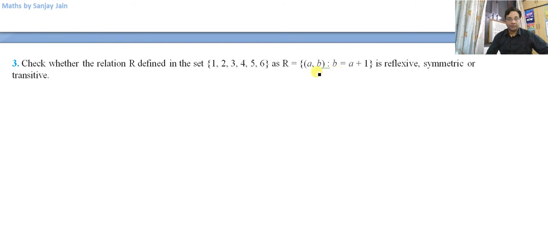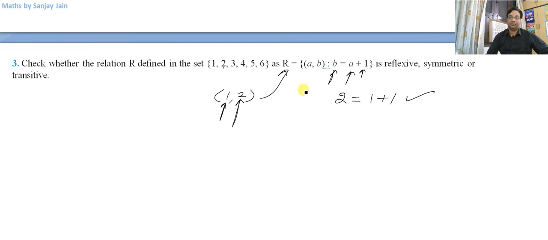And what about it being symmetric? Let me see. If I take 1 comma 2, it belongs in this relation R because 2 is equal to 1 plus 1. The second entry is the first entry plus 1, so it satisfies this rule.